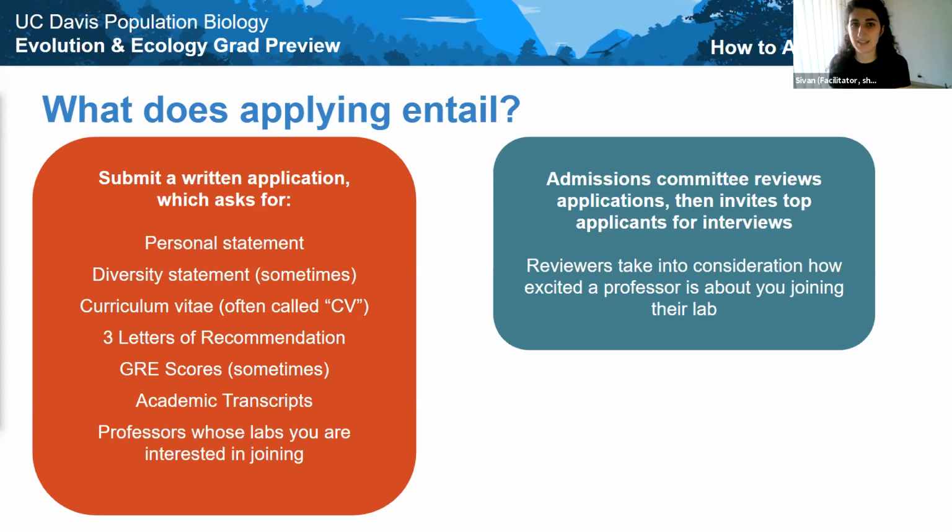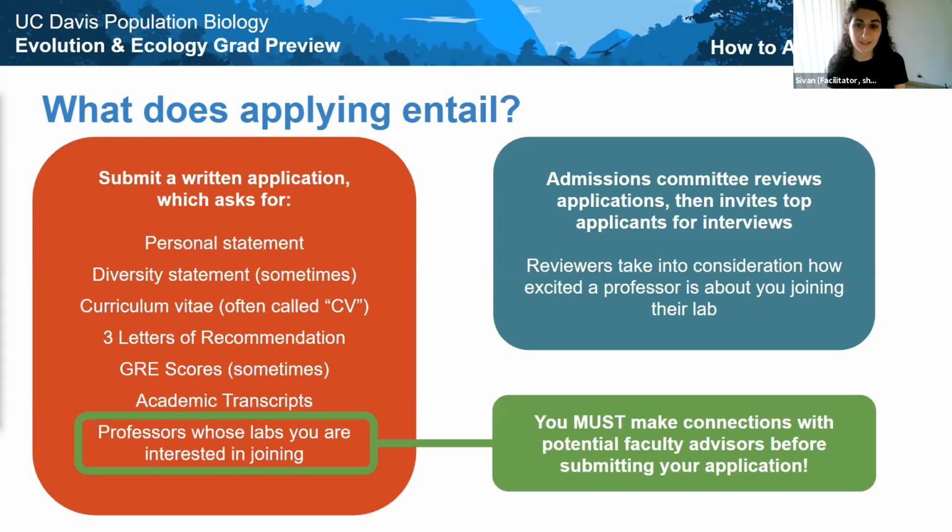They already have a set of students in mind that they're going to recommend. So very important, what you need to be doing is making connections with potential faculty advisors before submitting your applications. And those professors need to be the same people that you're listing in your application, because the admissions committee will see it and then they'll ask the professor, did you know this person? So you want to have that consistency.